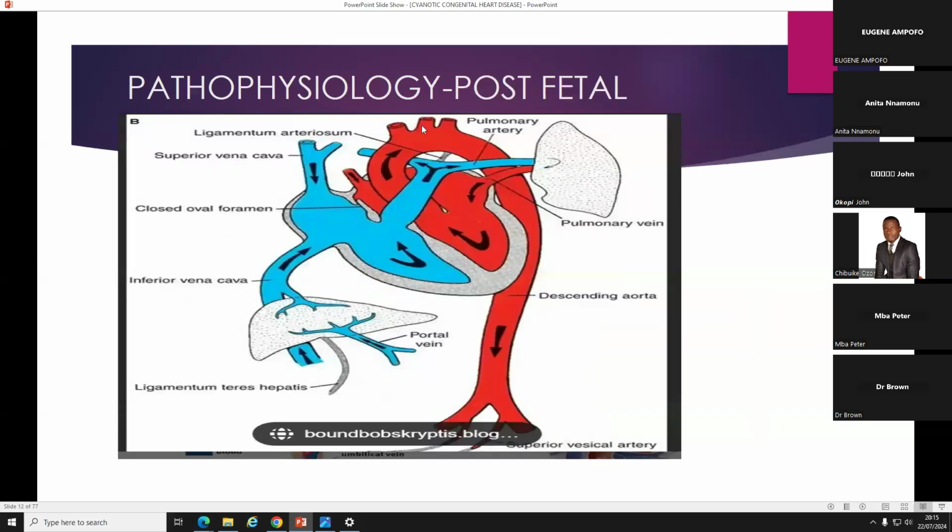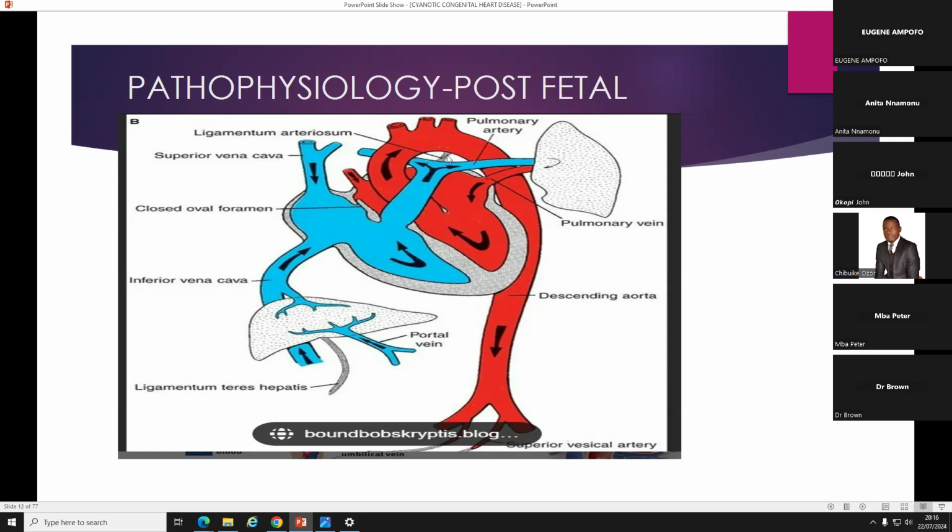Now, after birth, post-parturition, we can see that the ductus venosus closes and forms the ligamentum teres hepatis. The inferior vena cava is no longer responsible for oxygenated blood for systemic circulation. The foramen ovale should close.